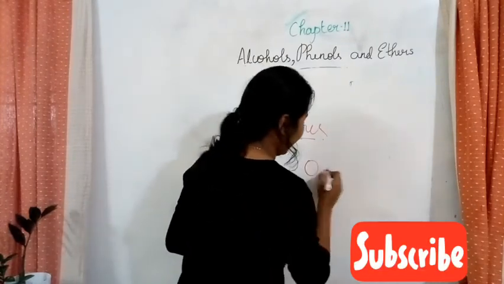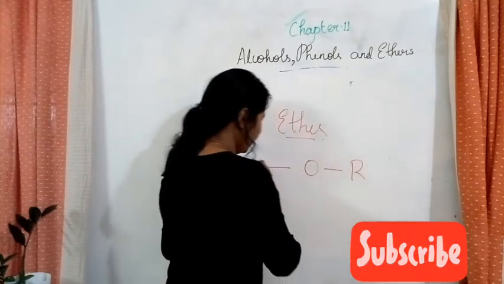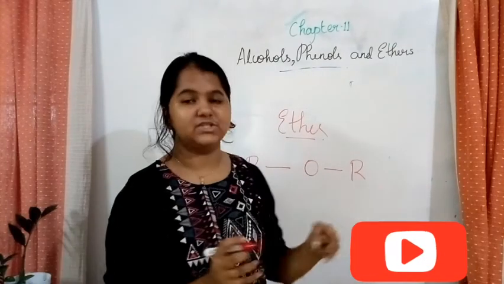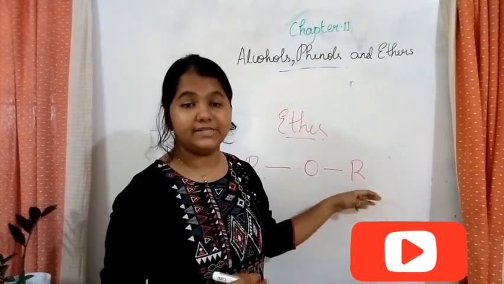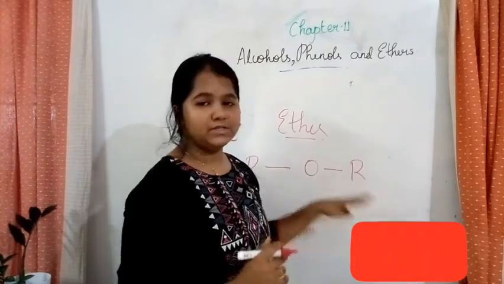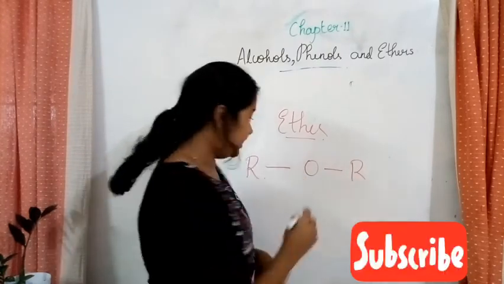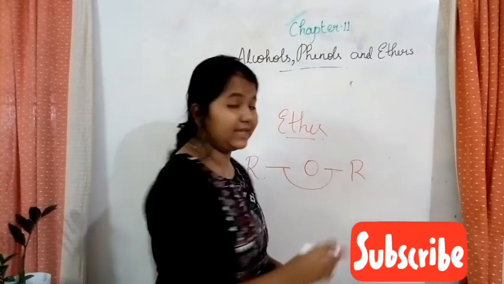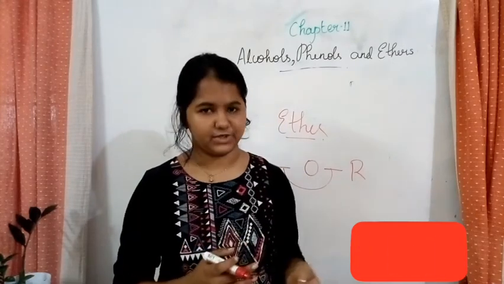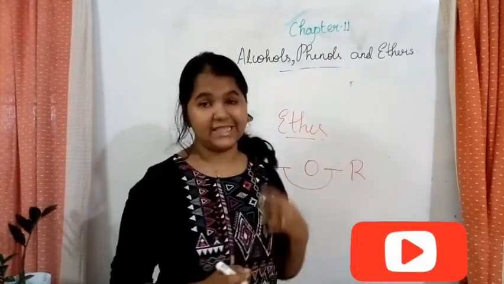So oxygen has 2 alkyl groups. This is the structure for an ether. Okay. So we have to learn the bond angle, the bond length, the reactions of ether, etc. So these all would be dealt with in the next session.